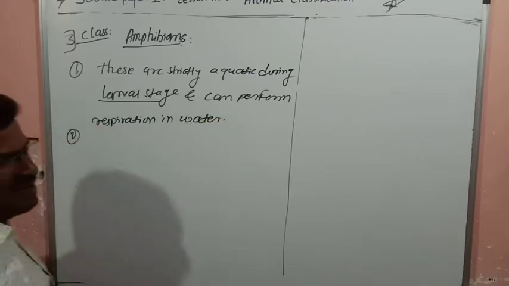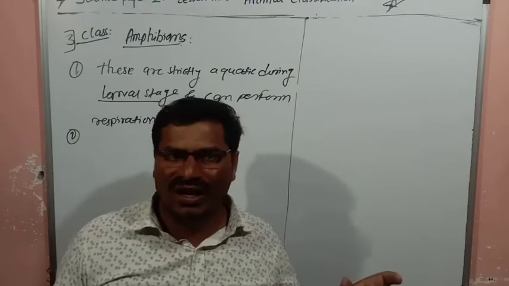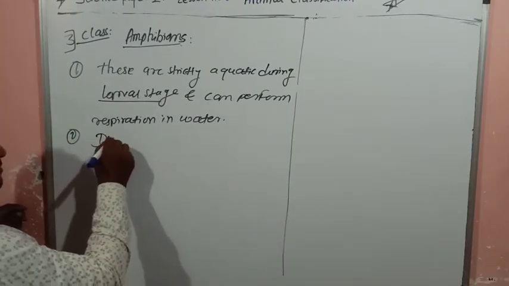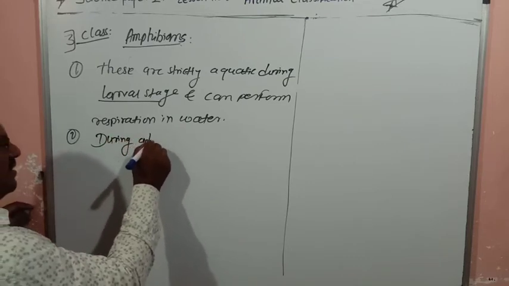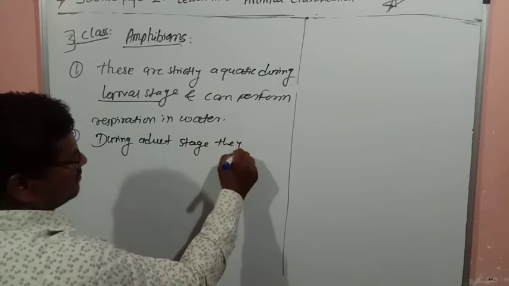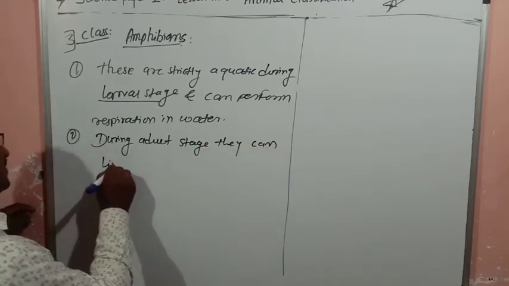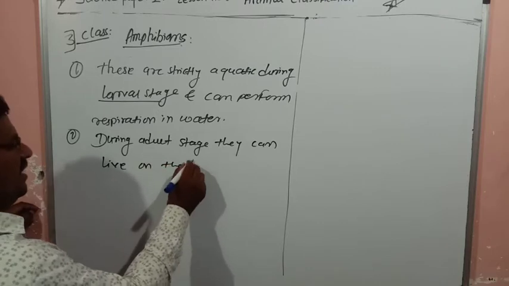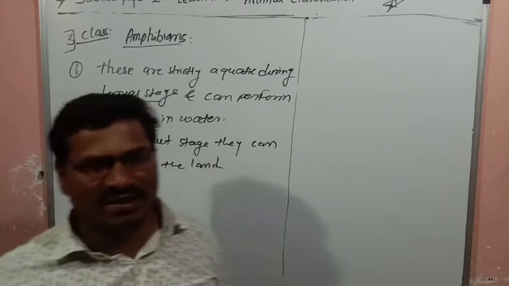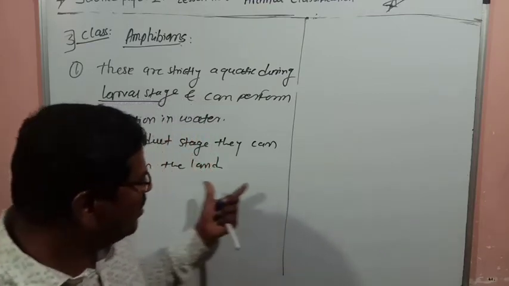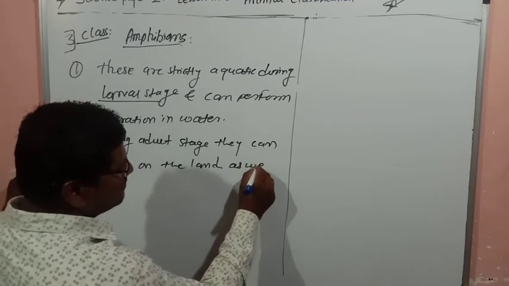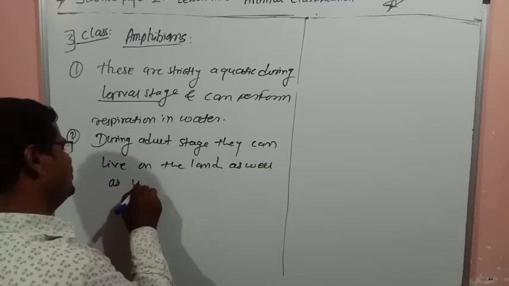Then the second characteristic is, during the adult stage they can live on the land. Then the third characteristic is that they can live on land as well as water.